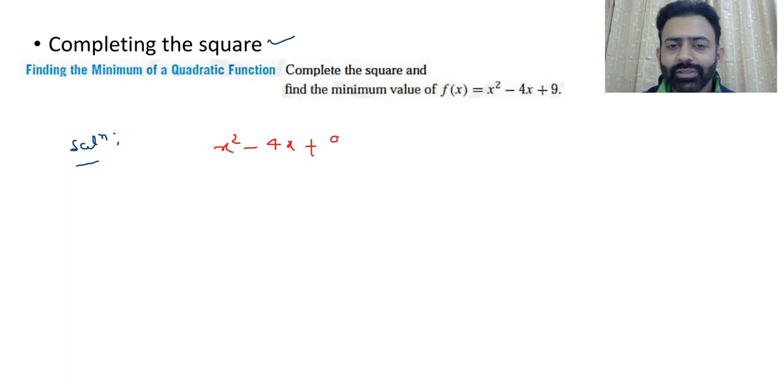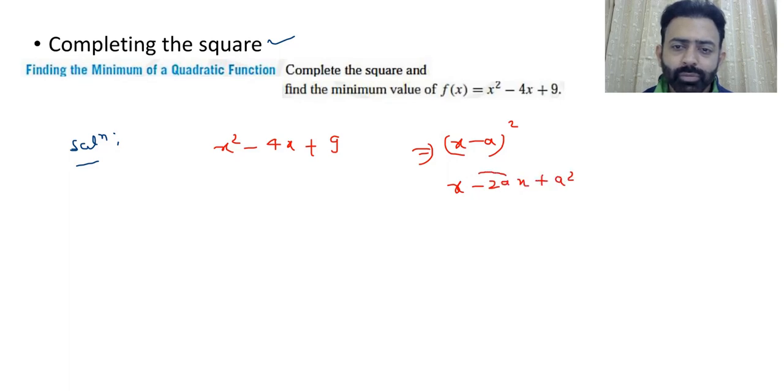Since the coefficient of x² is already plus 1, no need to take any constant. Here the x coefficient is minus, so I have to convert this as (x - a)². If I open this up, x² - 2ax, I will get plus a². So -2a is -4, meaning 2a is 4, a is 2.